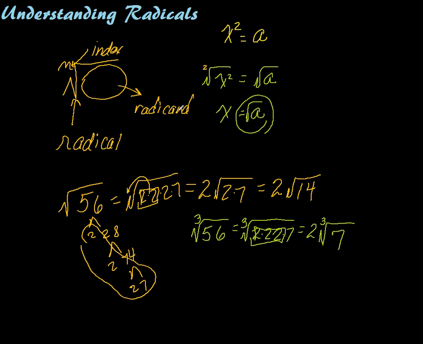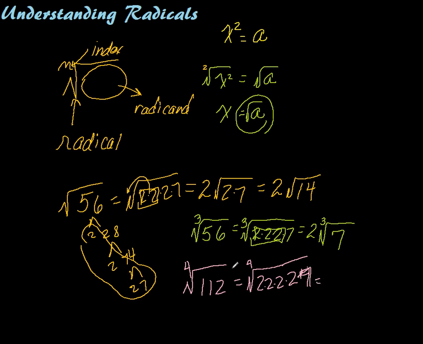Now let's say you want to take another root. Let's say we want to do the 4th root of something. Whatever this index is, that's the number of factors we're looking for in here. Since we already know the factors of 56, let's just multiply it by 2 and take the 4th root of 112. Since I just multiplied it by another factor of 2, I now have four 2's, times 7.